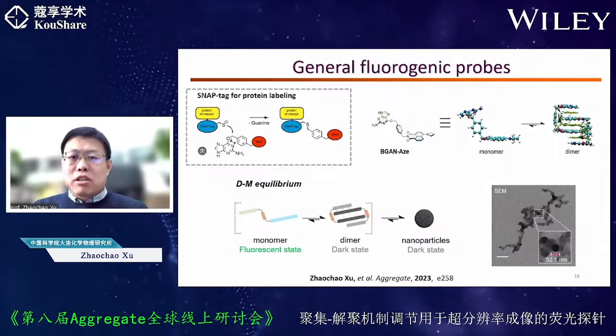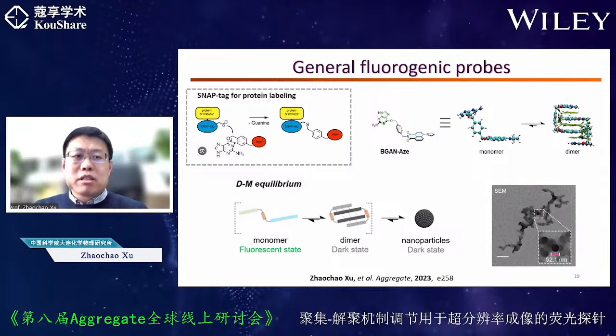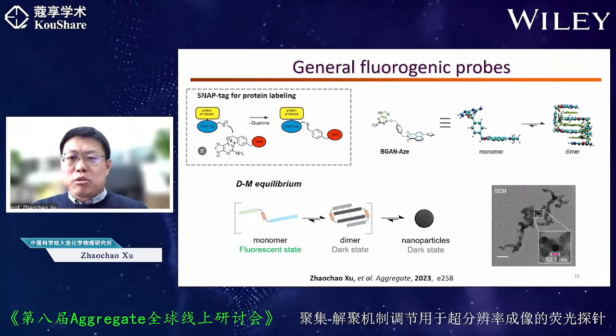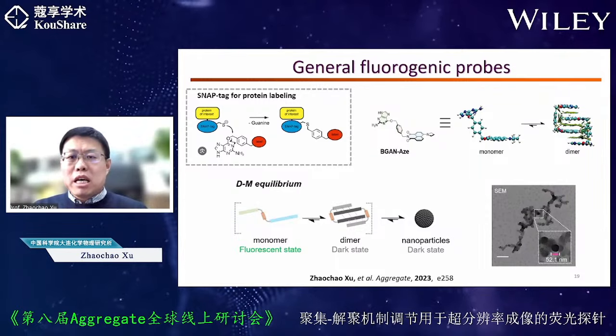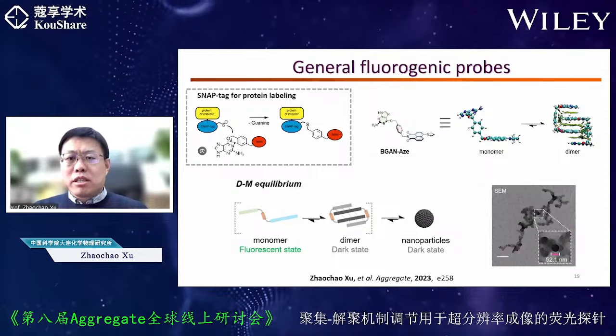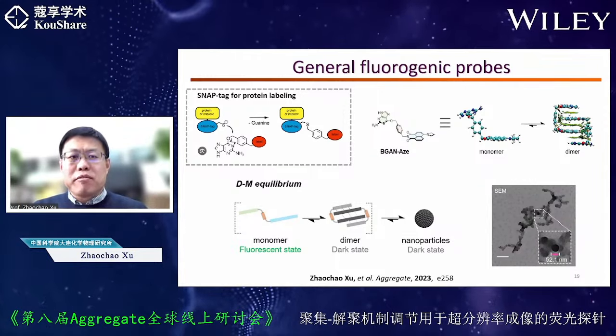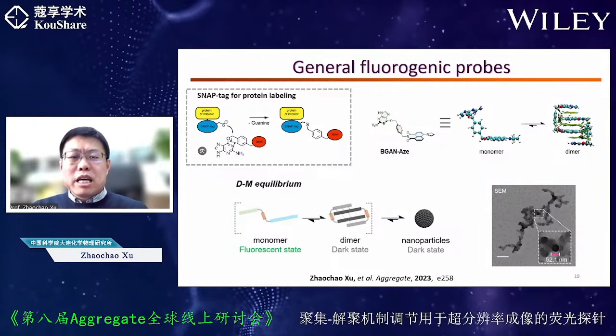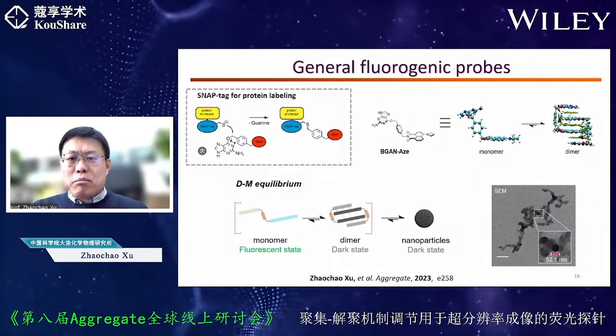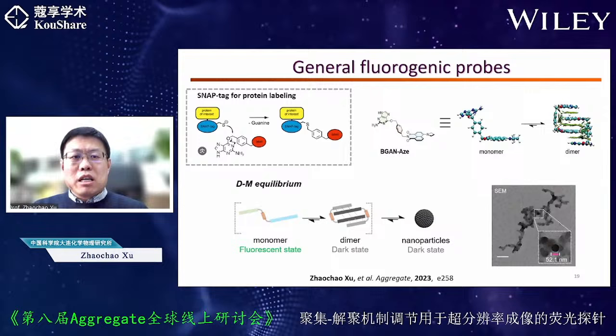The SNAP tag is currently one of the most used protein tags, which attaches to the SNAP protein by removing the guanine moiety from its substrate. We have found that the guanine readily interacts with fluorophores, such as the nifedimine shown here, and they can further form nanoparticles with fluorescence quenching.